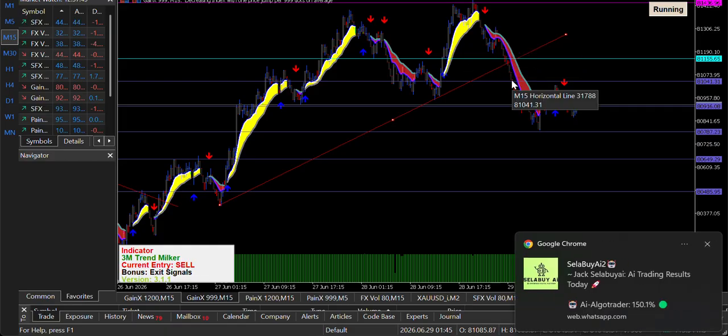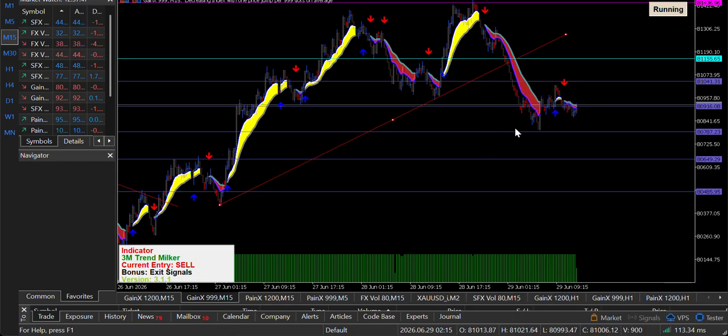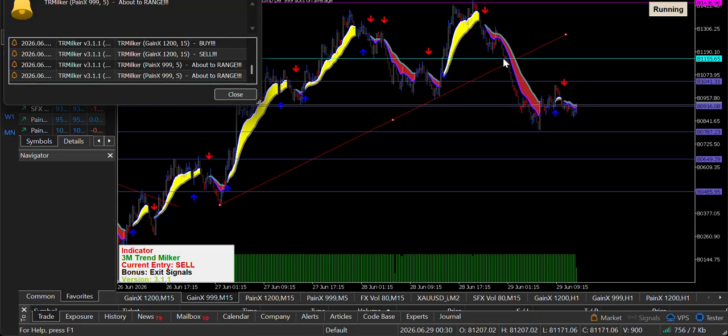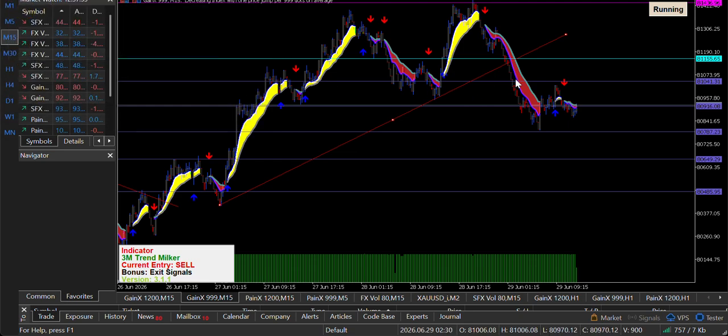I usually have my TPs in this form. TP 1, 2, 3, 4, 5. So if I am creating 5 orders, I make sure each of them are connected to different TPs. Order 1 to TP1, order 2 to TP2, order 3 to TP3, order 4 to TP4, and order 5 to TP5.